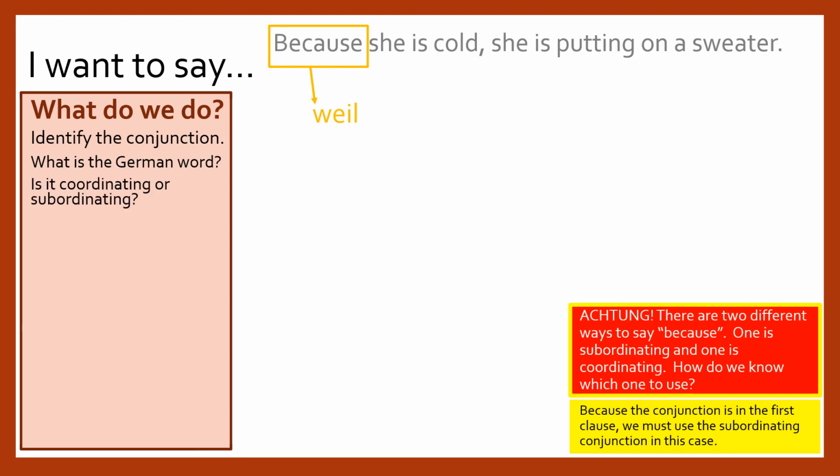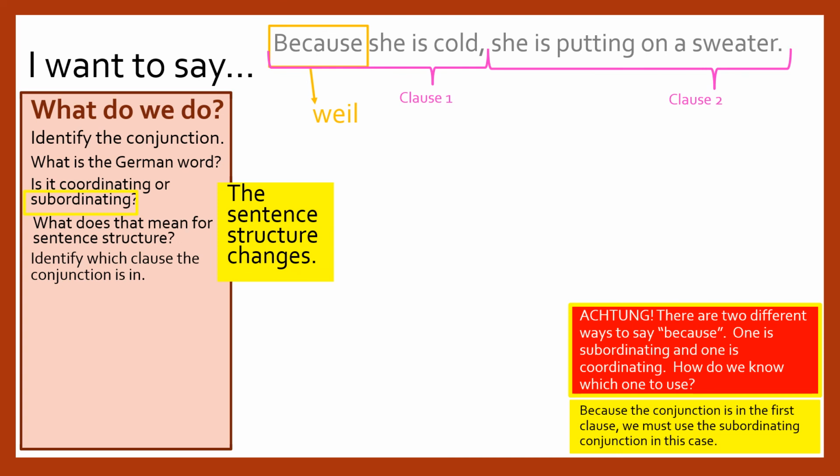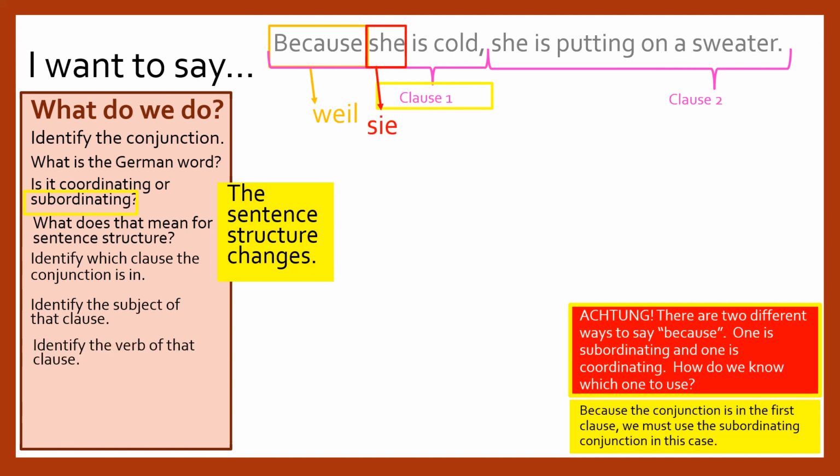So is it coordinating or subordinating? Just like I said, it is subordinating. What does that mean for sentence structure? The sentence structure changes, so we need to take this very carefully to make sure we put the verb in the right spot. So which clause is that conjunction in? Clause 1. What's the subject of that clause? Sie.